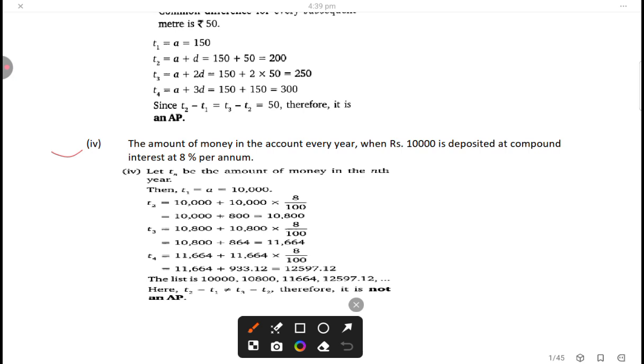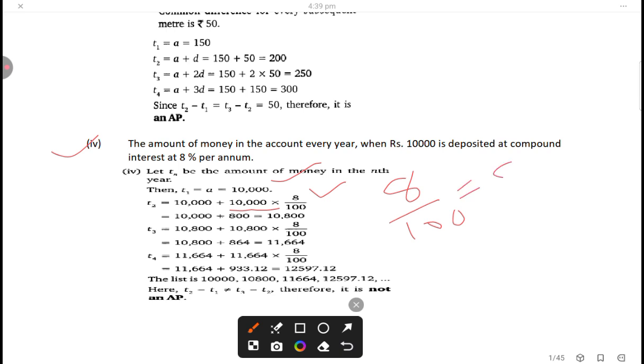The fourth question. Amount of money in the account every year when 10,000 is deposited at compound interest rate of 8% per annum. So the first term is 10,000. Second term is 10,000 plus 10,000 times 8 by 100, because 8% is 8 by 100.